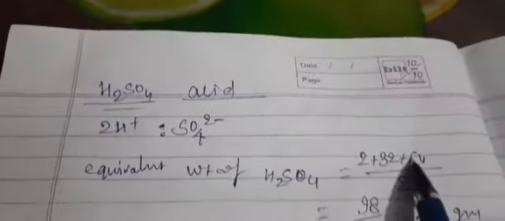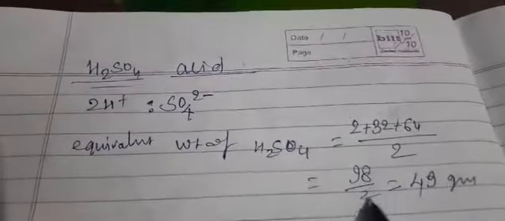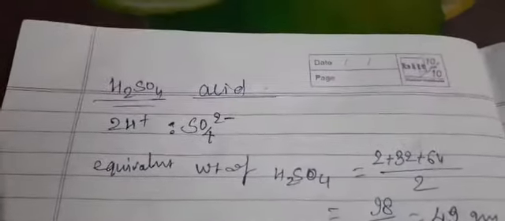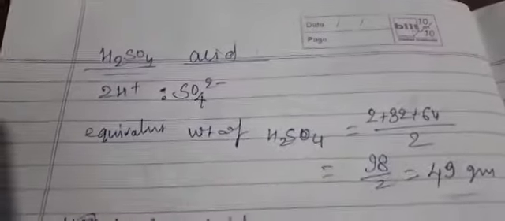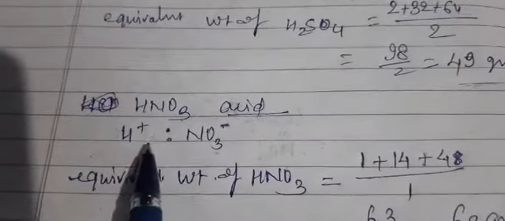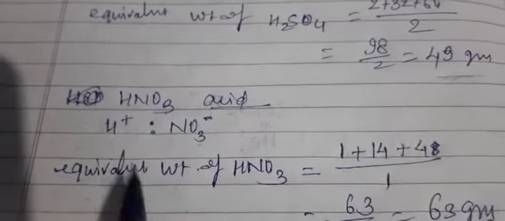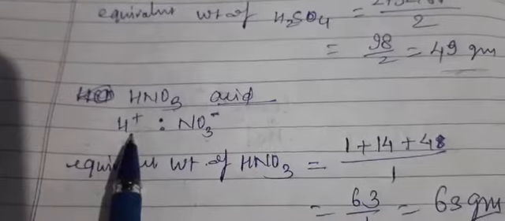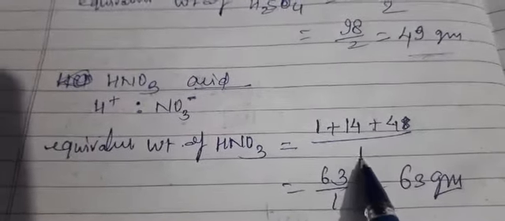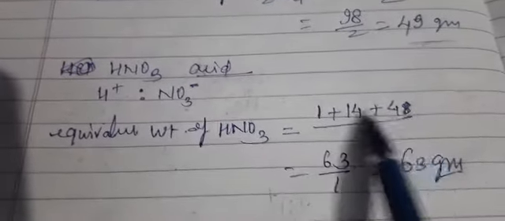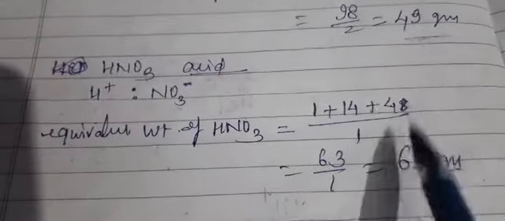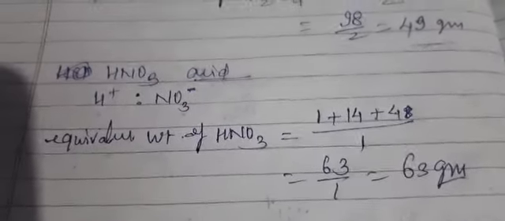So molecular weight divided by basicity: 49 gram is the equivalent weight of H2SO4. Now I will take another acid, nitric acid, HNO3. How many H plus ions does it release? Only 1 H plus ion, so the basicity is 1, and this is the molecular weight of nitric acid. So the equivalent weight we get is 63 gram.